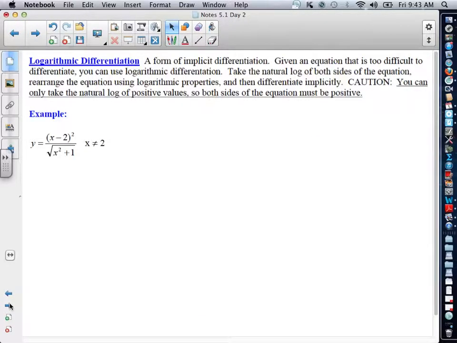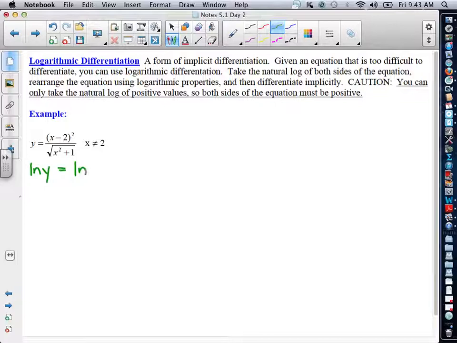The next thing we're going to look at is using that idea of logarithms to take the derivative. If you have a problem where you don't have any logarithms in the problem, we could add logs to the problem by taking the log of both the left side and the right side.